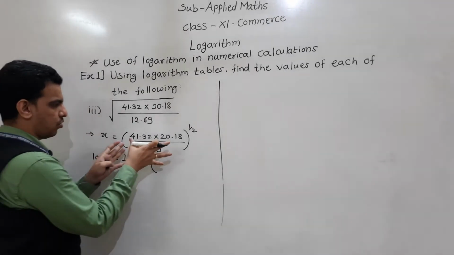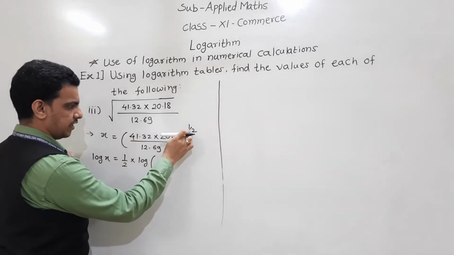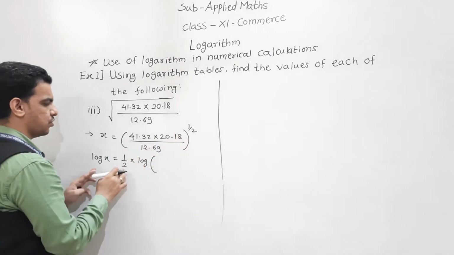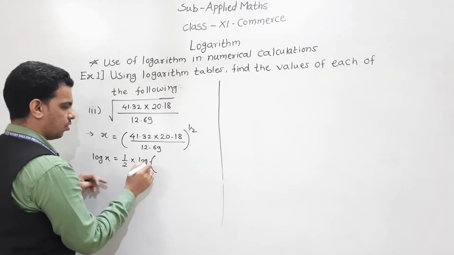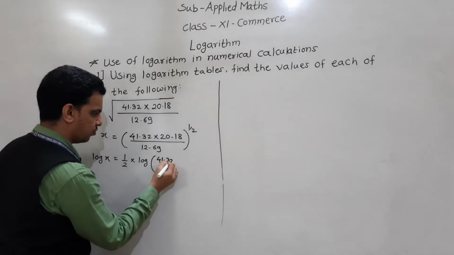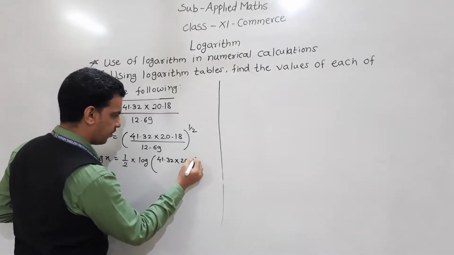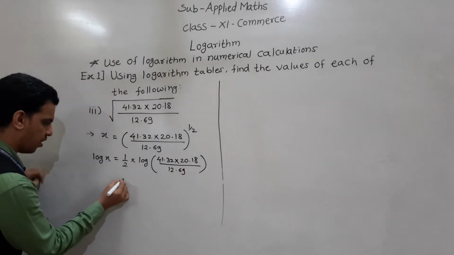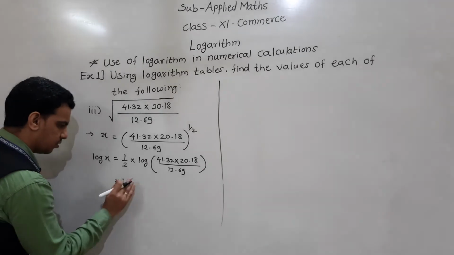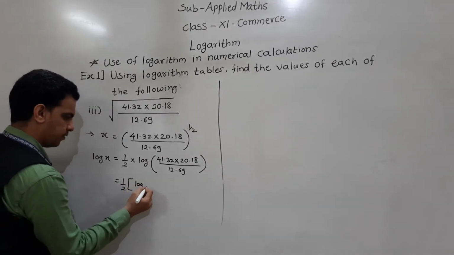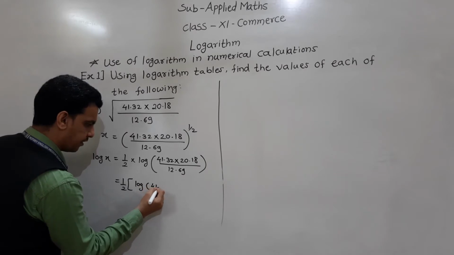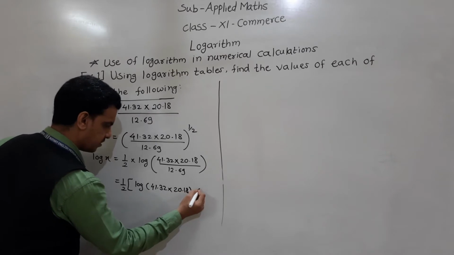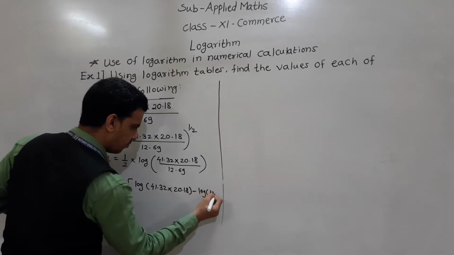Okay, when we take log of this number, then this power becomes the coefficient of the log. So half into log of 41.32 multiplied by 20.18 divided by 12.69. Okay, so half into log of 41.32 multiplied by 20.18 minus log of 12.69.